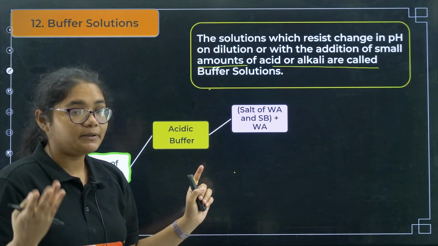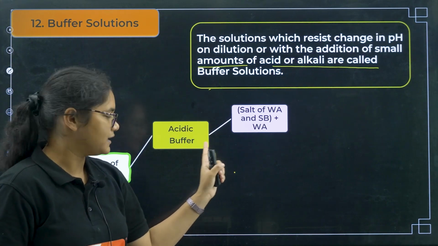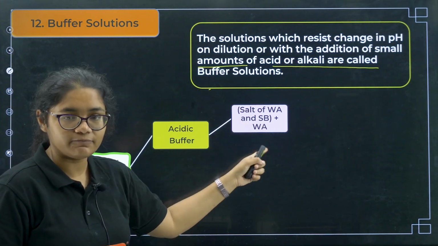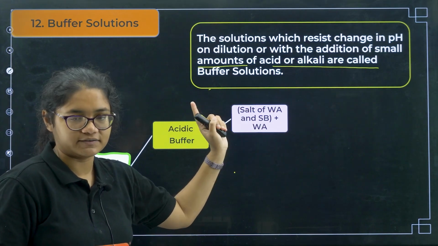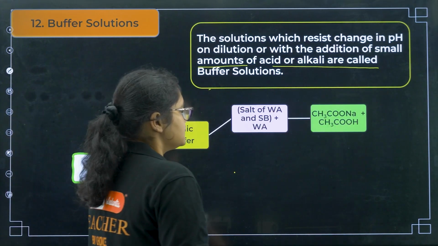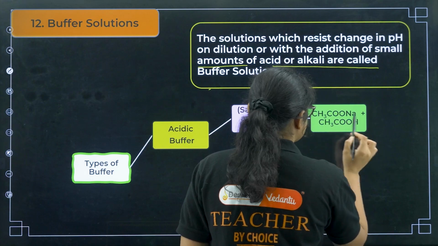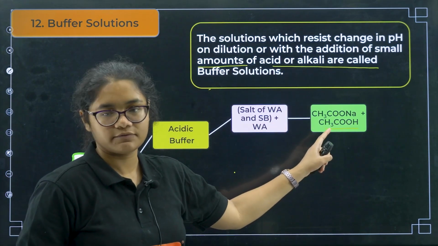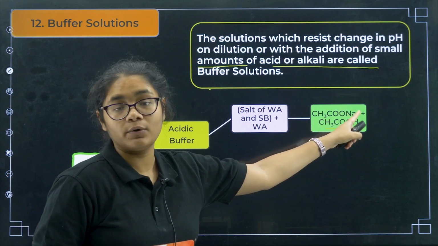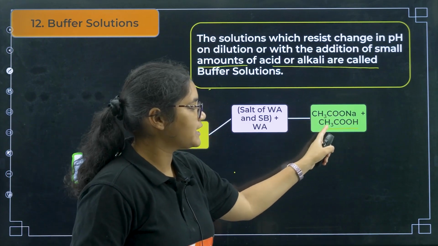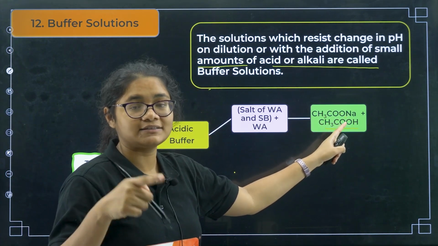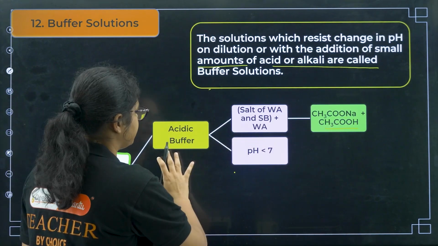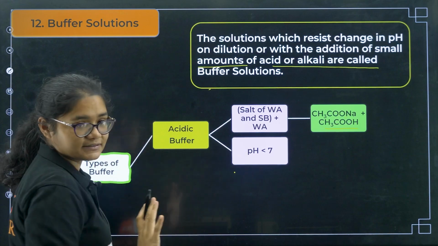For example, CH3COONa plus CH3COOH. Here CH3COOH is a weak acid, and CH3COONa is a salt of this weak acid and a strong base, that is NaOH. Its pH will be less than 7 because it is an acidic buffer.